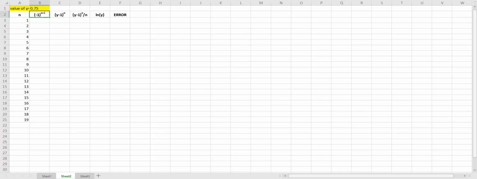Now for the second column, negative 1 raised to n plus 1, we will use n plus 1 as the exponent and negative 1 as the base.